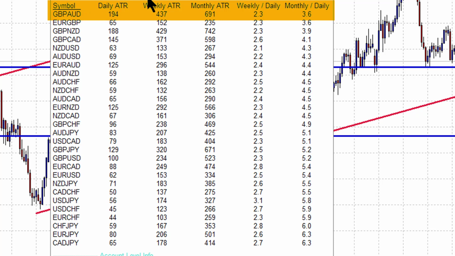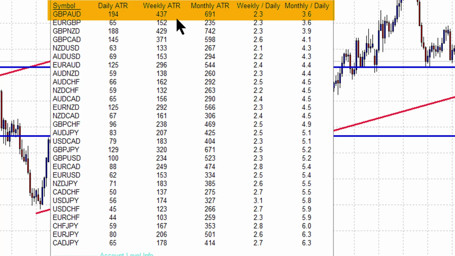Then the next column is the weekly ATR. So in other words, how many pips does this currency move over a week? And then we have a monthly ATR, which says how many pips does this currency move on average over a month. So that's not rocket science yet.